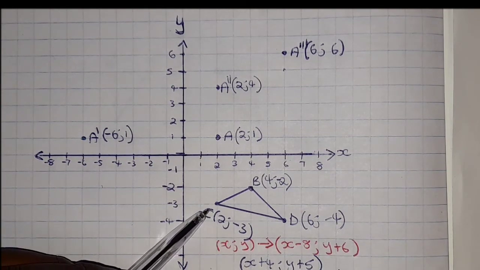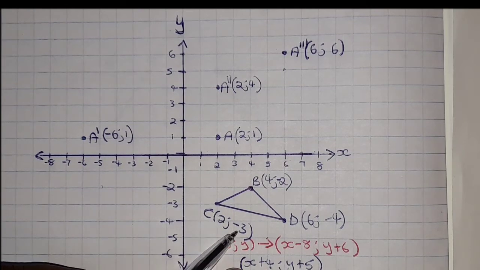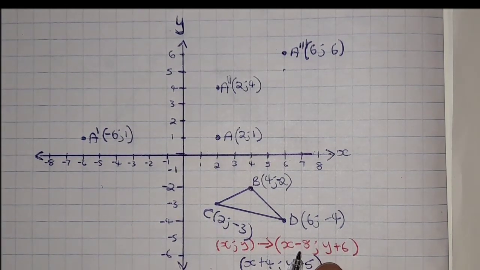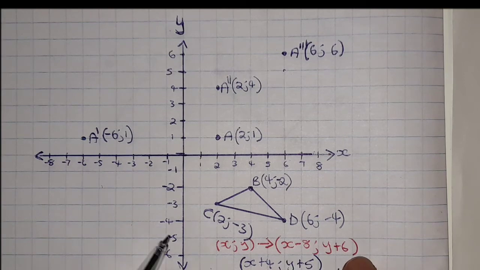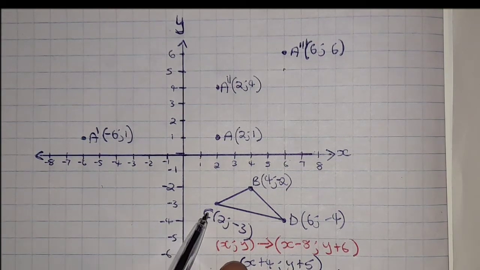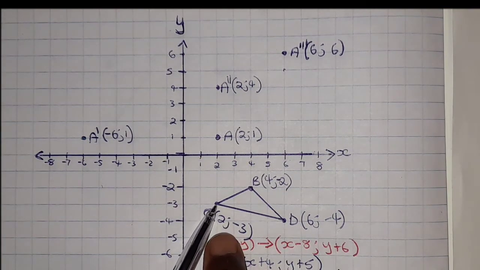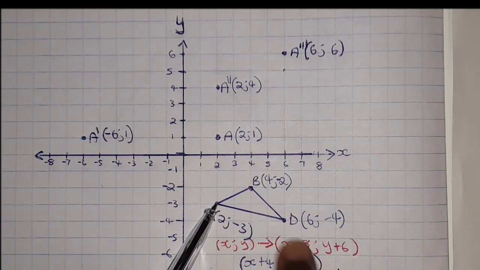The first one, it is 2, negative 3. And remember, we said our rule is saying 8 steps to the left and 6 steps going upwards. So for x is 2, we are counting 8 steps to the left.